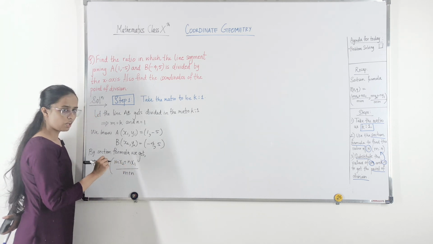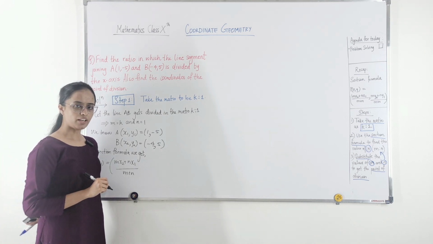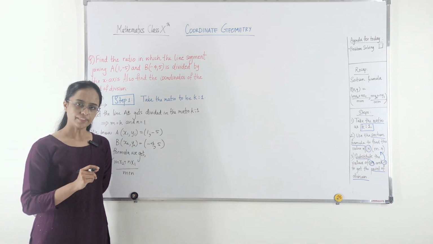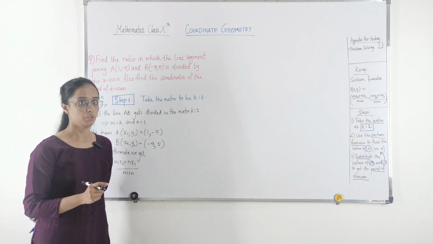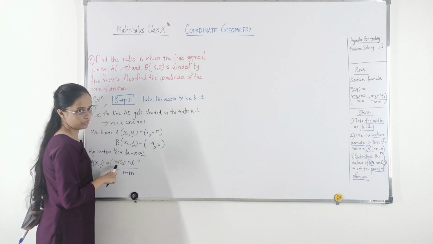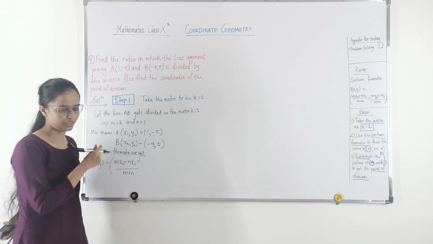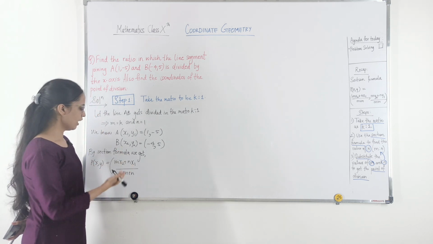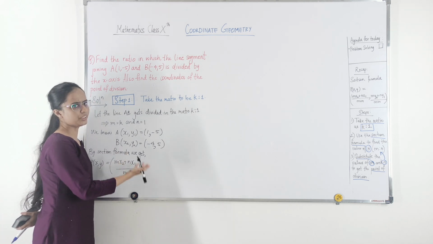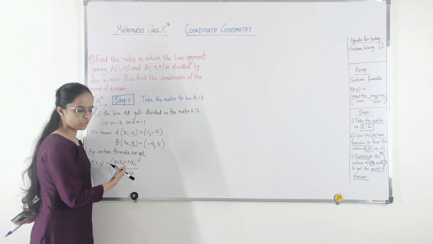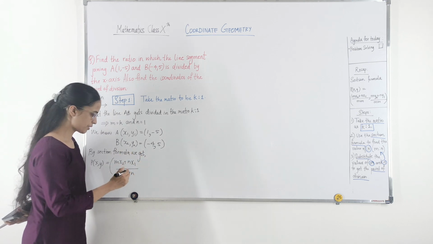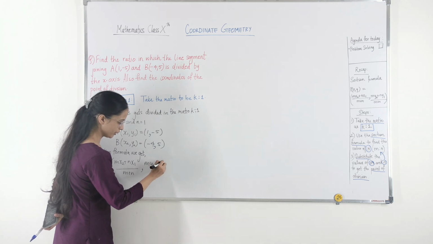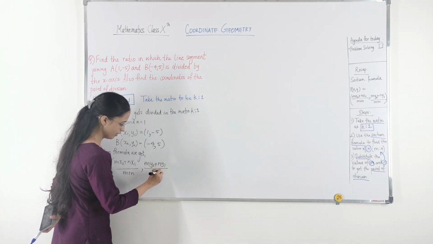I hope you remember the trick that I mentioned in the last class: since this is the first coordinate and the first coordinate is always x, that is why you would be using x1 and x2. And since m comes first, in the second place you would be having x2. That is how you would remember the first term. Once you remember the first term, the second term is very easy. After m comes n, and if x2 is used over here, then of course x1 would be used over here. The denominator is the same for both the terms, that is m plus n. Likewise, you are supposed to use y2 and y1 over here, since this is the value for the y coordinate.